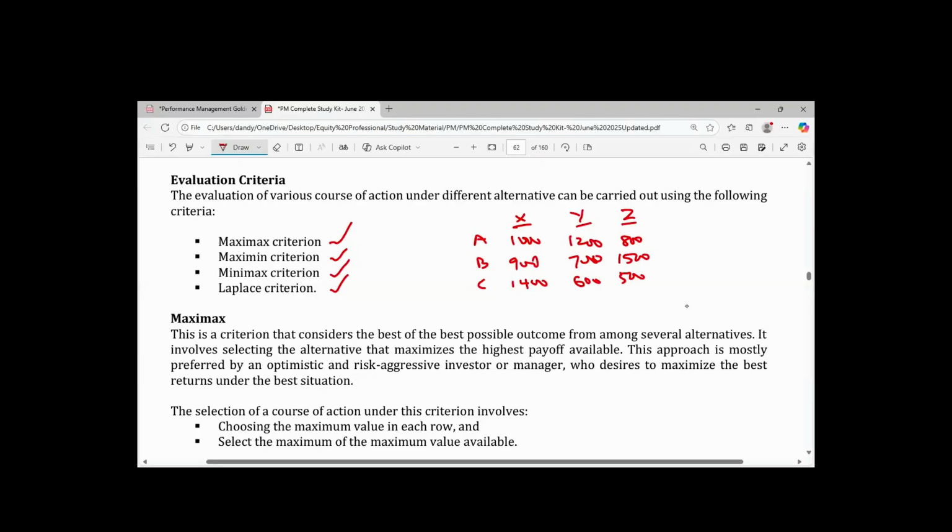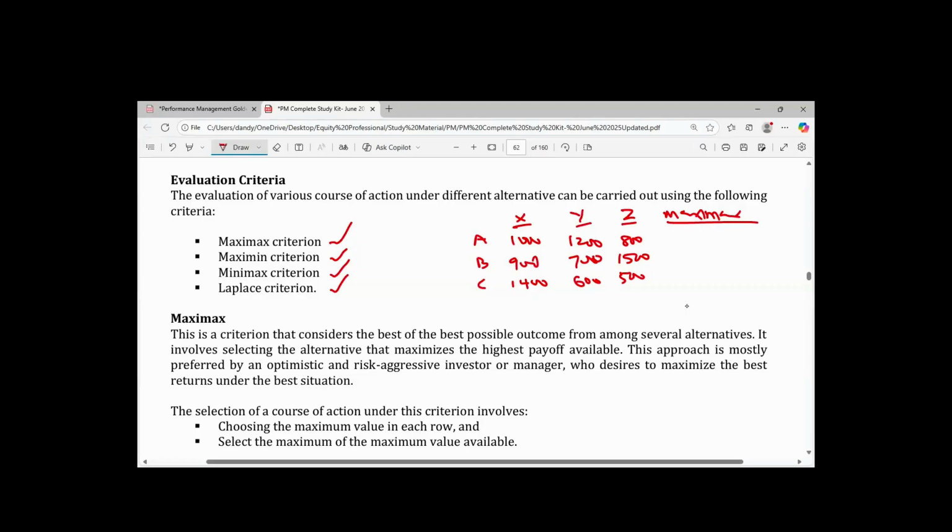So these are the payoff values. Now, using the Maximax criterion, there are two steps. The first step is to select the highest value in each row. For the first alternative A, the highest value is 1,200 based on these hypothetical figures.